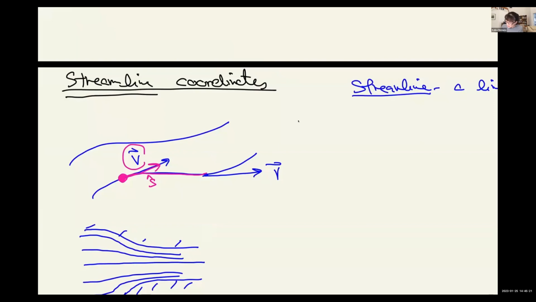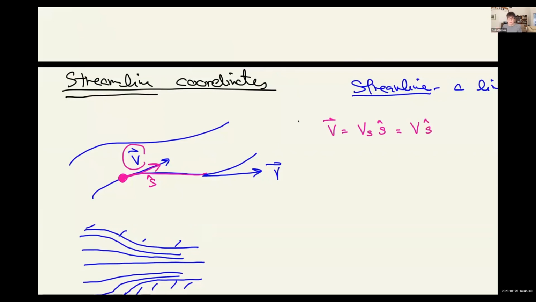That is, V is going to be Vs in the streamline direction. So basically the speed of the velocity is all going to be in this direction.